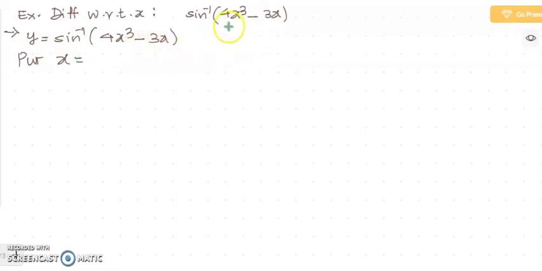Which formula looks like 4x cube minus 3x? It will be 4 cos cube theta minus 3 cos theta. This formula is known to you, which is equal to cos 3 theta. So we shall use this formula and put x equal to cos theta in it.